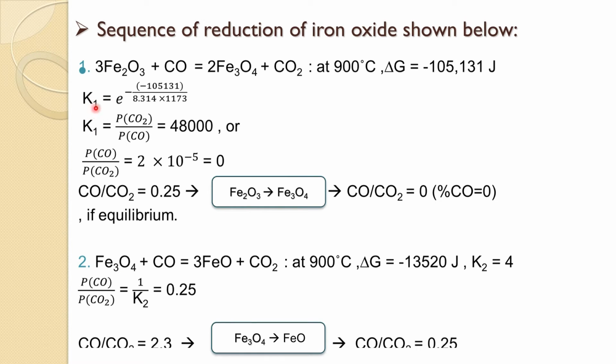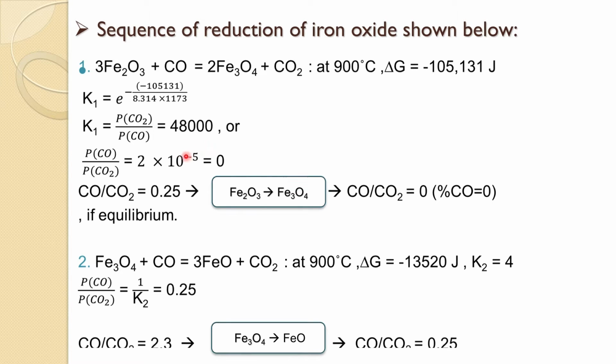So, we can calculate the equilibrium constant at 900 degrees Celsius, giving this value, which comes equal to 48,000, PCO2 by PCO, the partial pressure of CO2 over the partial pressure of CO. In terms of the reverse, CO over CO2 is 10 to the power minus 5.